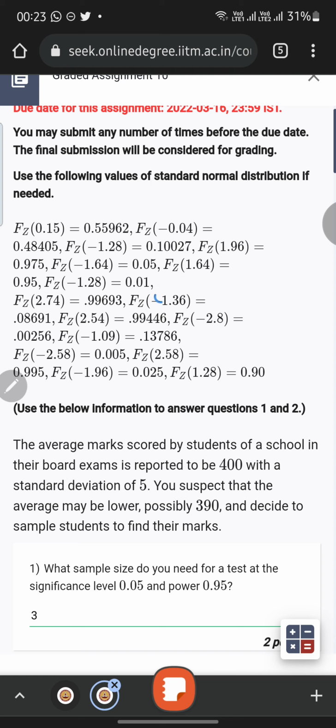Yeah, so we are getting into 2, so we need to find minus 1.36 here. Yeah, this portion.